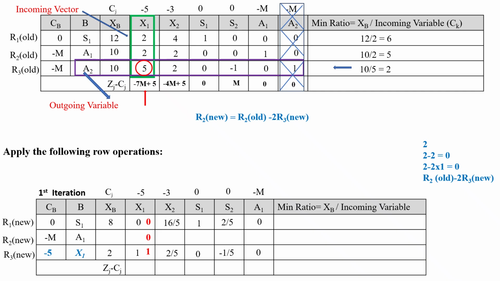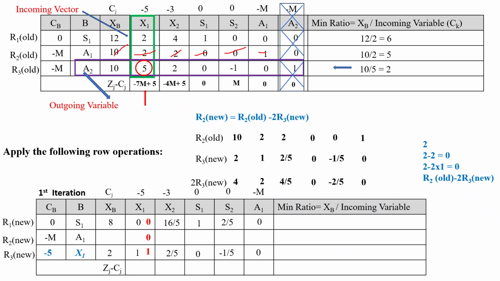Next row operation is the R2 new equal to R2 old minus 2 R3 new. So write down the R2 old elements, that is 10, 2, 2, 0, 0, 1. And R3 new values are the 2, 1, 2 by 5, 0, minus 1 by 5, 0. Then 2 into R3 new will become the 4, 2, 4 by 5, 0, minus 2 by 5, 0.